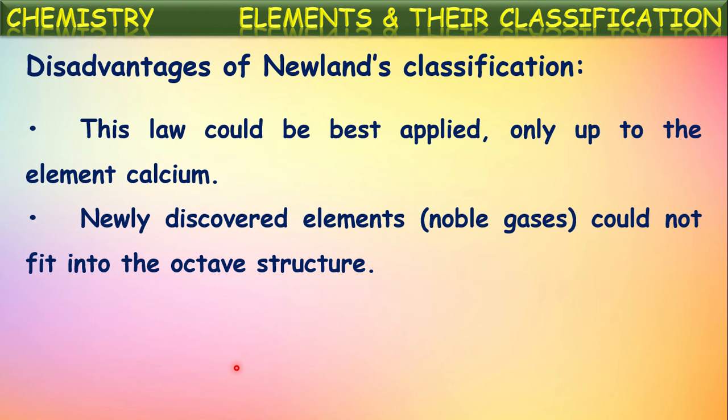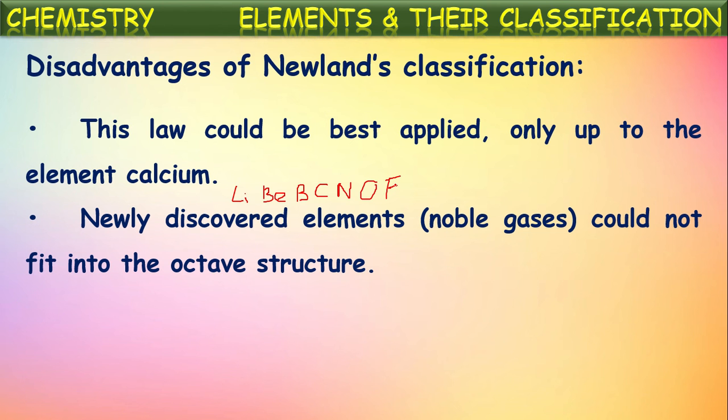Another one is newly discovered elements. Especially we can say noble gases could not fit in the octave structure. For example, we told after lithium, the consecutive eighth element is sodium. Because here lithium, beryllium, next boron, carbon, nitrogen, oxygen, fluorine.